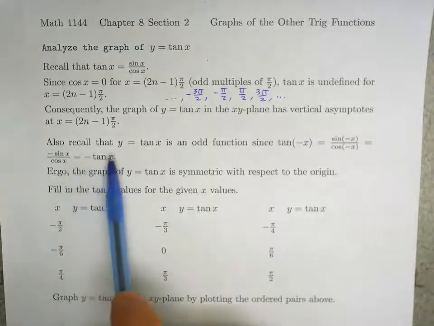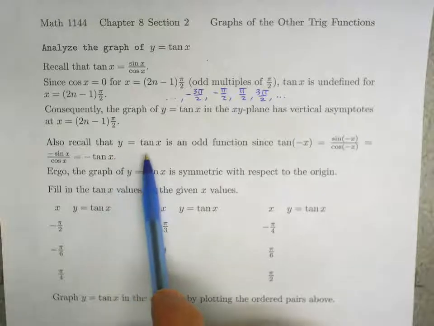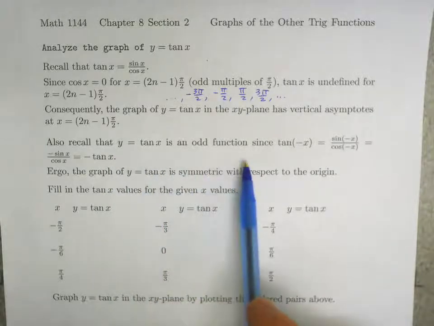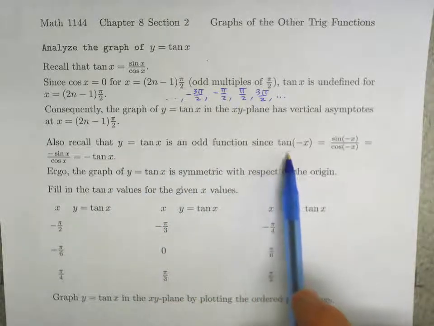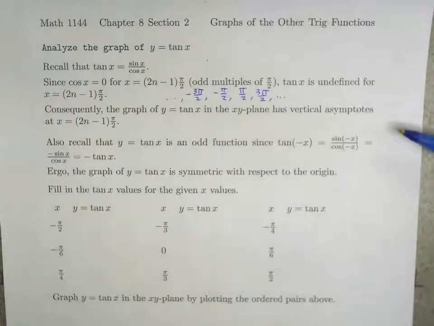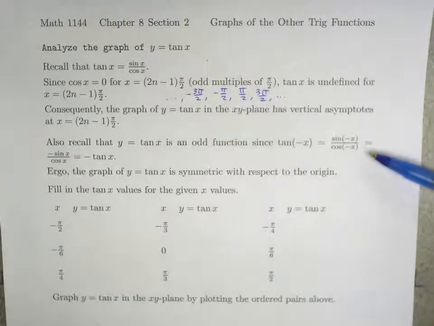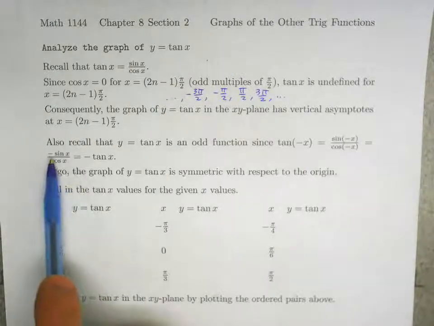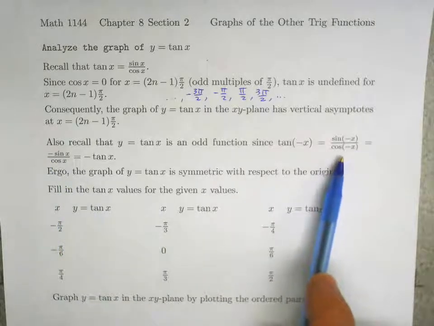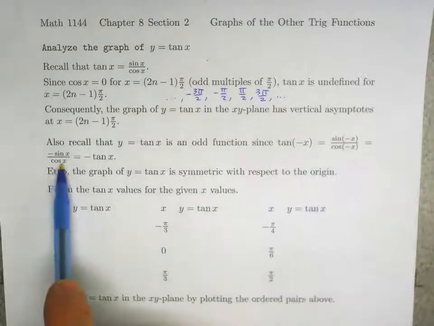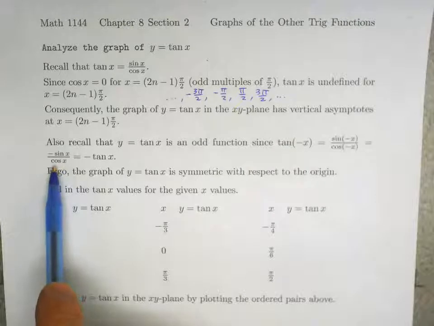Also recall that y equals tangent of x is an odd function, since tangent of negative x equals sine of negative x divided by cosine of negative x. But in the numerator, sine of negative x is negative sine of x. And in the denominator, cosine of negative x is just cosine of x, because cosine of x is even.